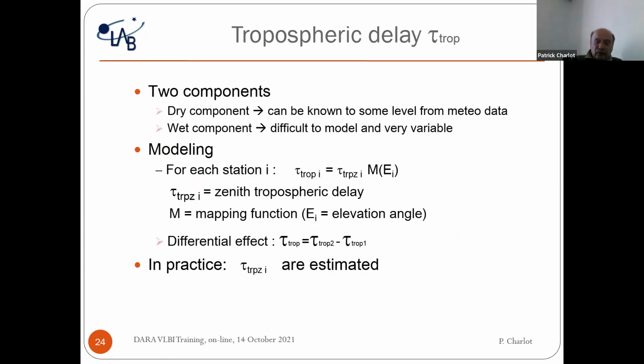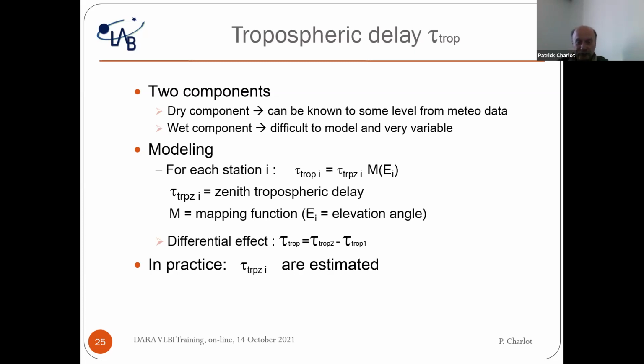So the principle of the modeling is that you model the troposphere at zenith, and then, knowing the value at zenith, you use what you call a mapping function, which depends on the elevation angle, to get the value at the elevation angle of your observation.